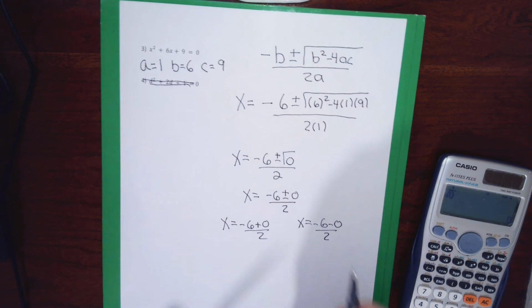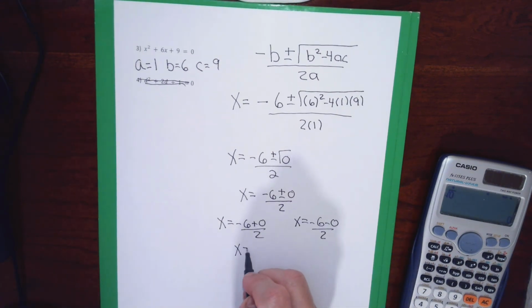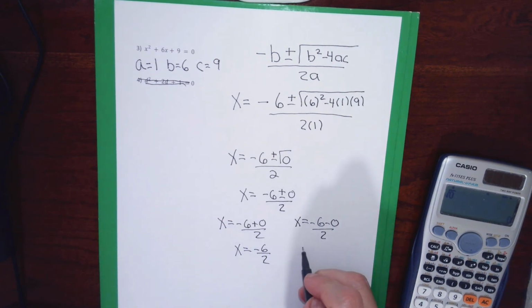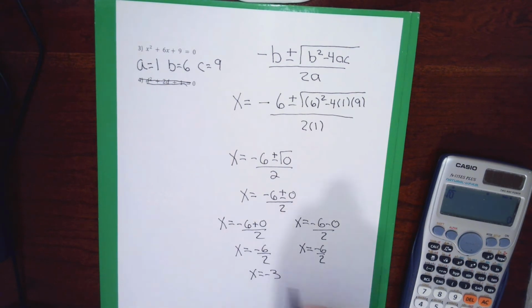And adding or subtracting 0, you just get the first term. So the negative 6 plus 0 over 2, as well as the negative 6 minus 0 over 2, both give the answer of negative 3.